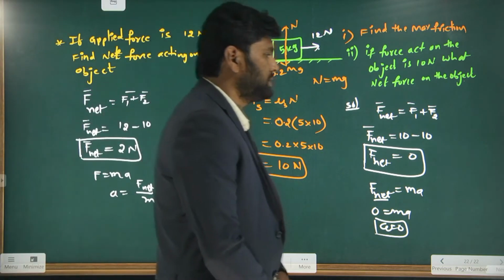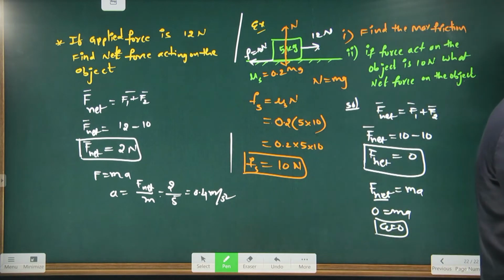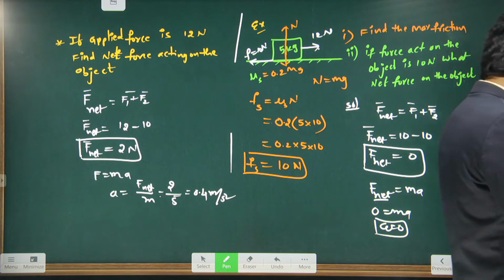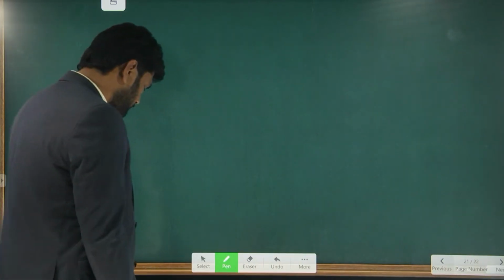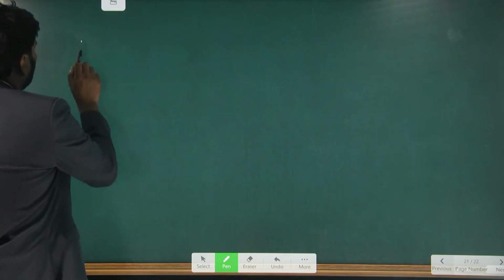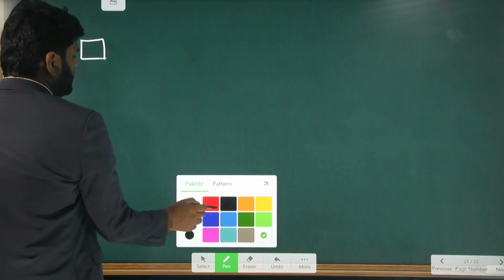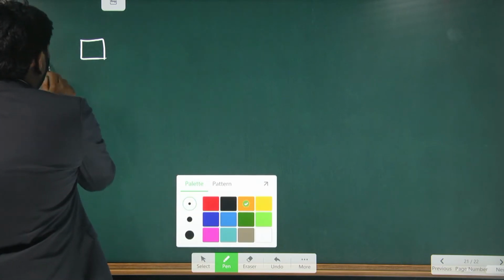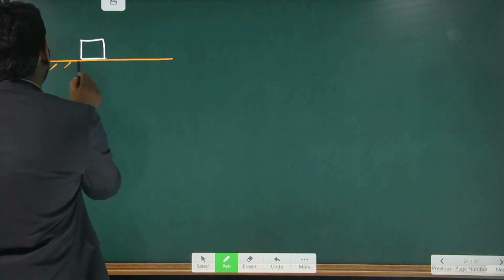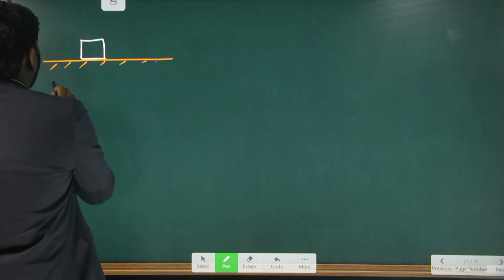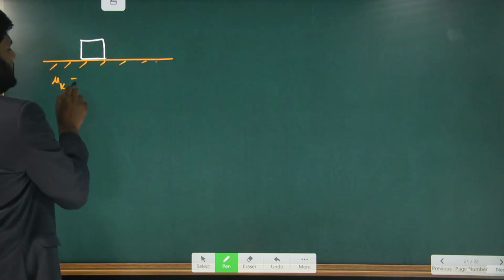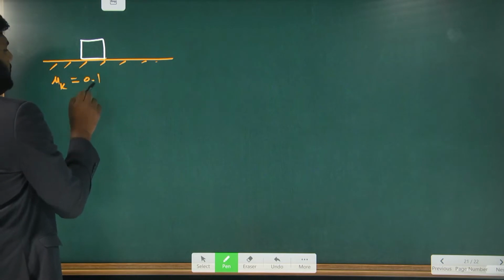Next, I'll go for the next question. One more. An object is present on the rough surface, and the coefficient of kinetic friction is 0.1.